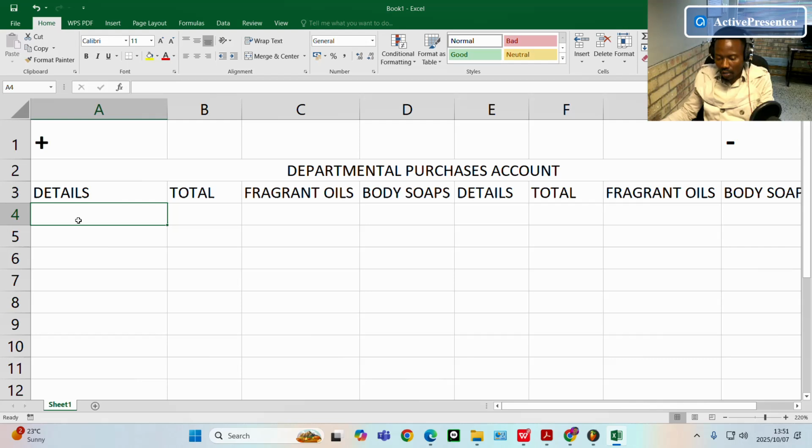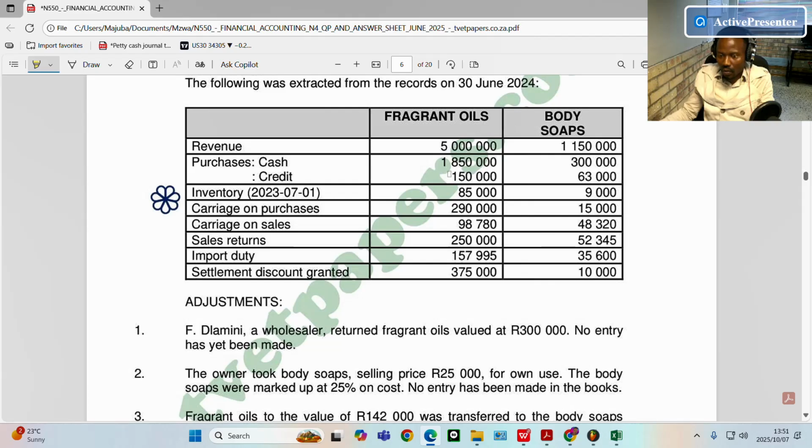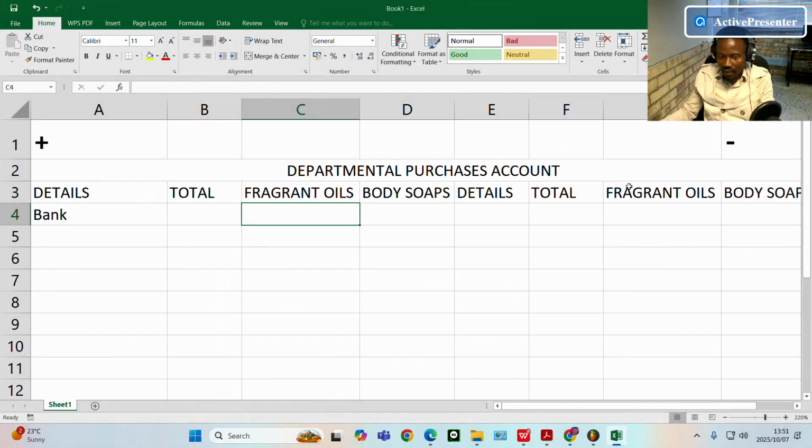So whenever we bought, it means we bought more. Obviously when we buy for cash, it's bank. Then it's 1,850,000 for fragrances, or for body fragrance.